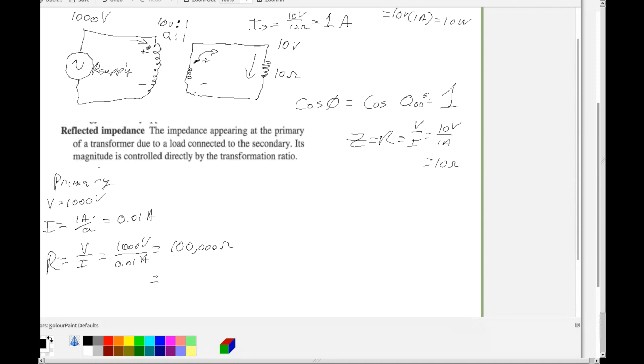Okay, and so that is A squared times the impedance of the load. All right, so the impedance of the load was 10. So we take 100 squared, because A is 100, times 10.